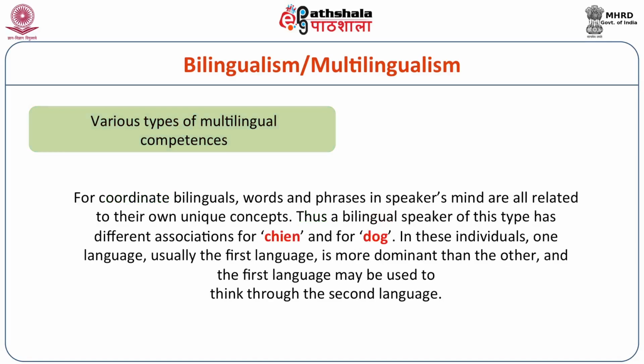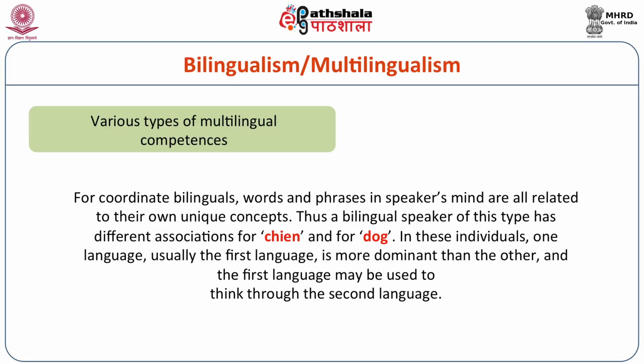For coordinate bilinguals, words and phrases in the speaker's mind are all related to their own unique concepts. Thus, a bilingual speaker of this type has different associations for dog and the similar word for dog in French. In these individuals, one language, usually the first language, is more dominant than the other.